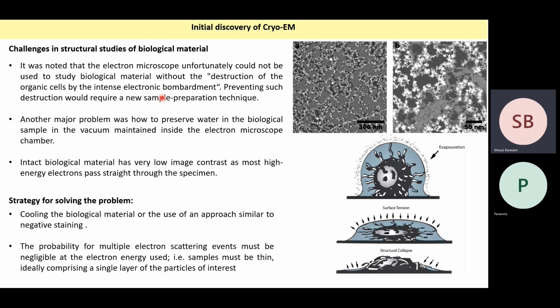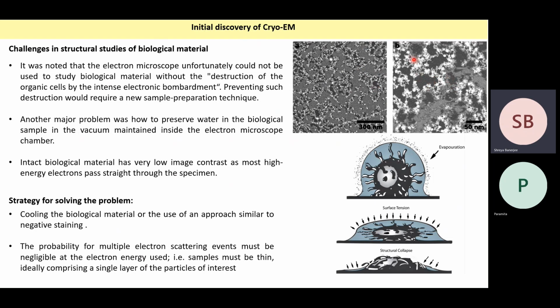So in electron microscope, when a beam of electrons is concentrated on the sample, what happens is that organic samples often get destroyed. If you look at these two images, this is a low level electron beam where the sample is intact, but you cannot see the structure very nicely. If you increase the intensity of the electron beam in order to see the structure with more resolution, the structure gets completely destroyed.